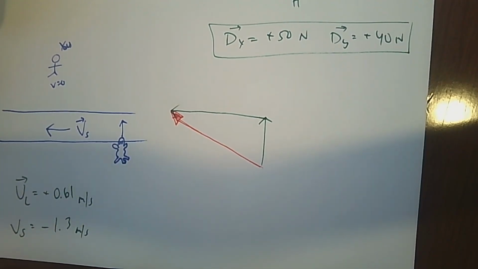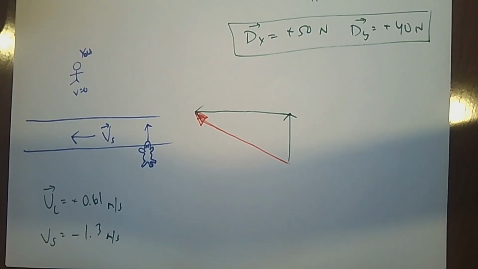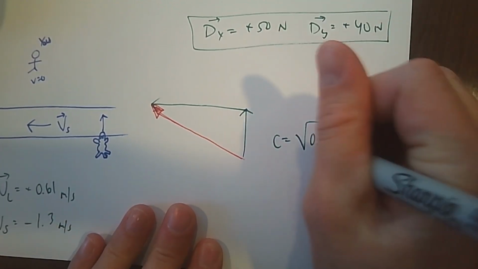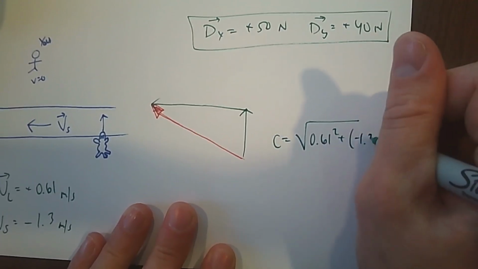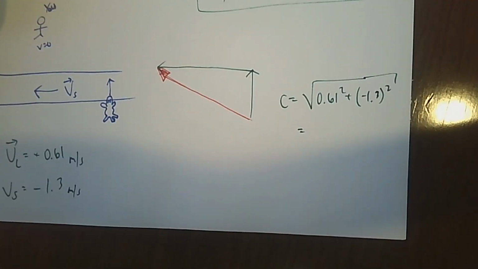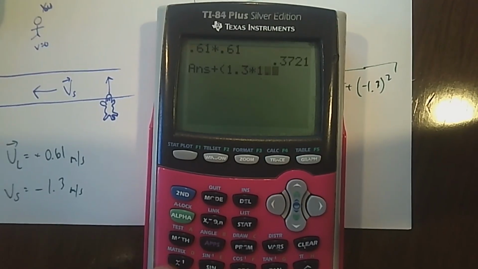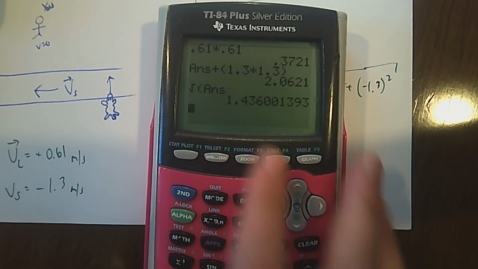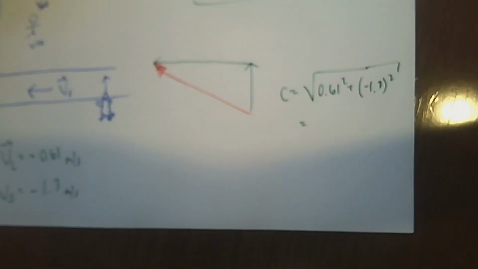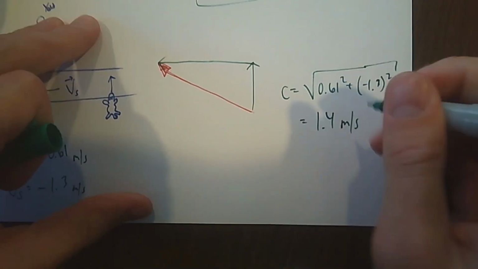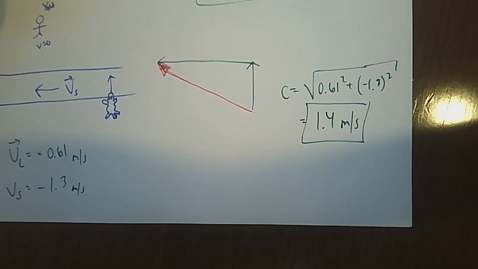So all I need to do then is plug in to my Pythagorean theorem equation. So 1.4 meters per second would be the magnitude of the velocity, or the speed, of the lizard as viewed from above.